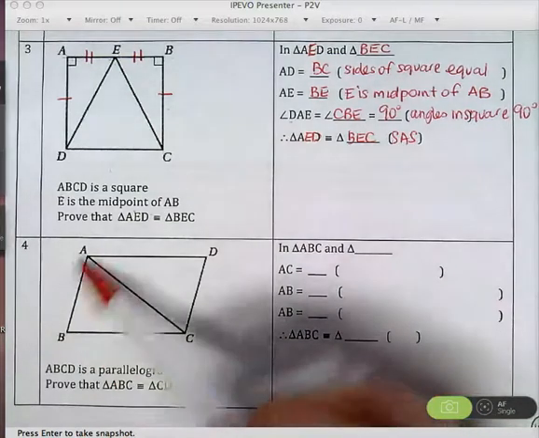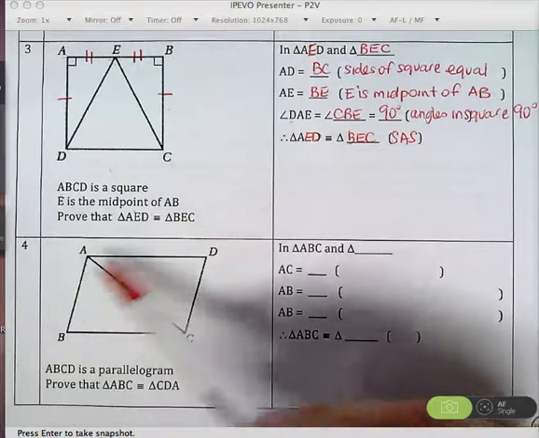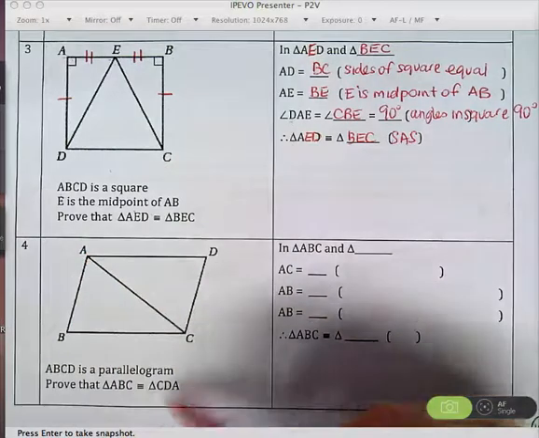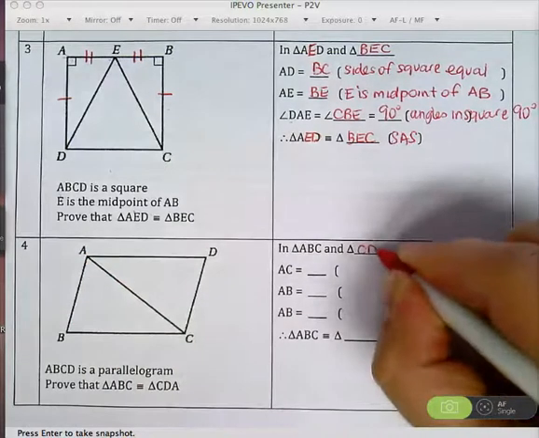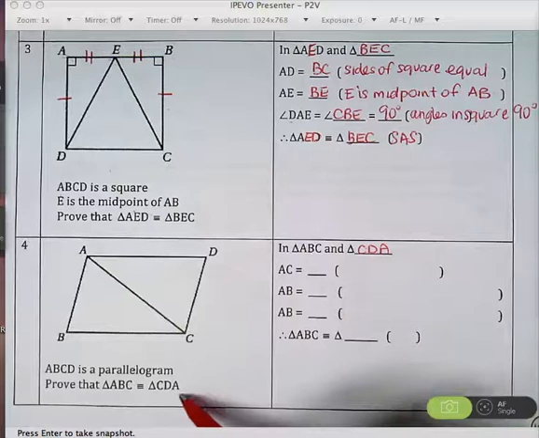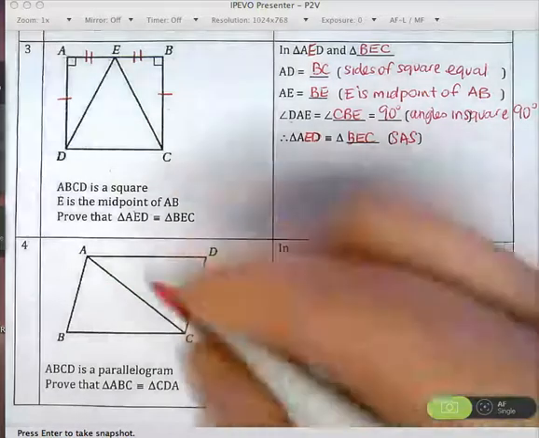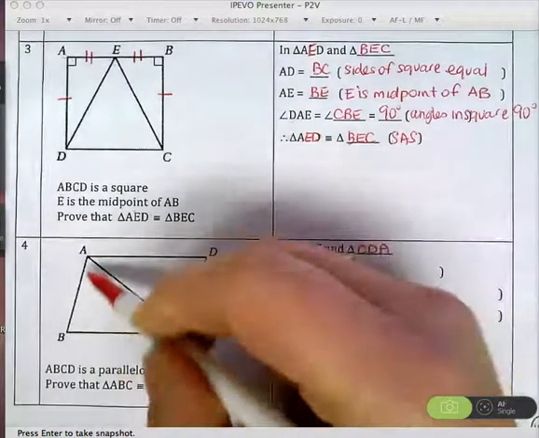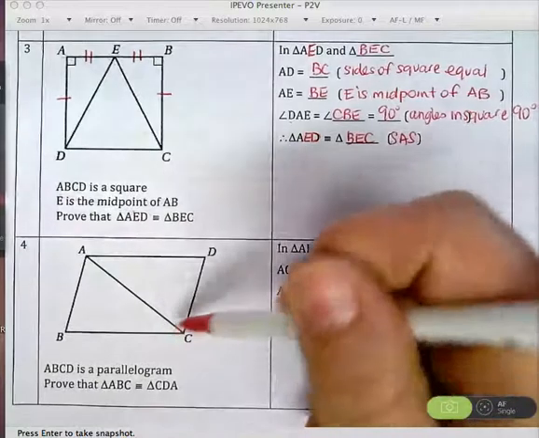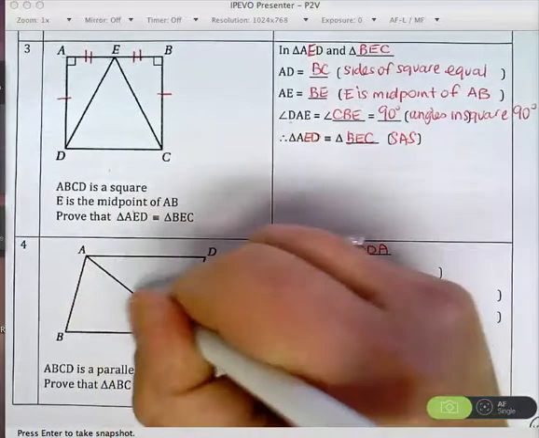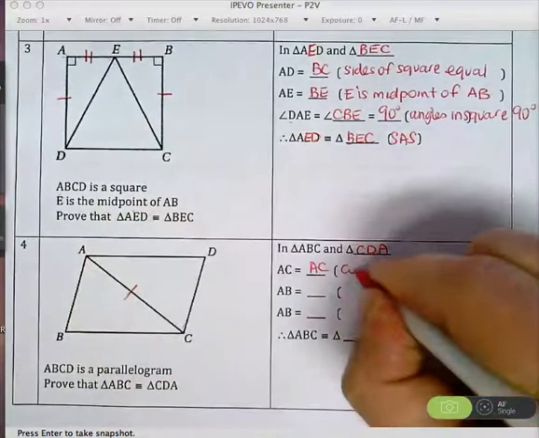We can say in triangle ABC and triangle CDA, we'll just write it down the way that it's given in the question. We know that AC equals AC. We're trying to prove that this triangle ABC is congruent to CDA. So AC equals AC because it's a common side.